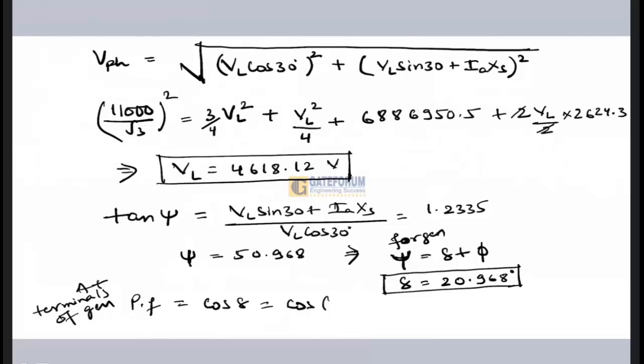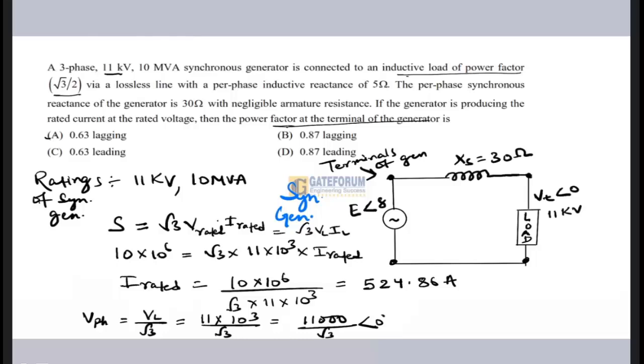So cos of 20.968 will come out to be 0.629, and that is lag, and I can approximate it to 0.63 lag. So this is the power factor that I am getting, 0.63 lagging. So option A is the correct answer. End of the question.